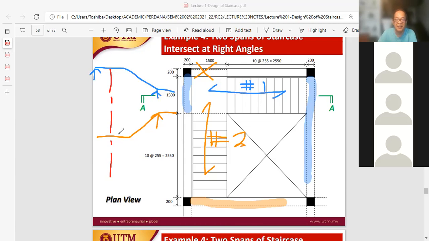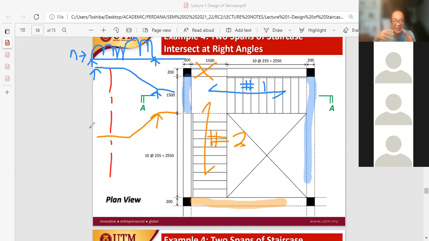Flight number 1 has a beam; on the left-hand side, there is none. So the loading here, on flight number 1, our schematic will be a beam, then support. Here, the loading on the landing, the loading on the staircase is larger. But the loading on the landing I want to highlight is N, not N over 2. 100% of the loading goes to flight number 1. Flight number 1 is the main flight. Secondary flight is flight number 2.